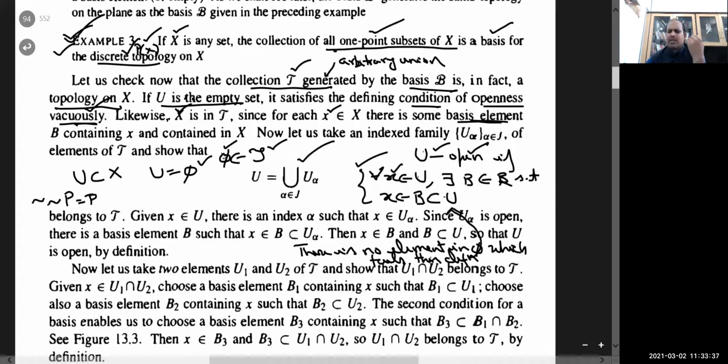Also, since we have to make a topology and the first requirement is that phi and X should be there, some authors don't discuss phi in this definition. But if you compare with this definition, every empty set is always a member of T, because the first condition of topology is that phi and X should be there. Now the second is that likewise X is in T. Why is the full space in T?